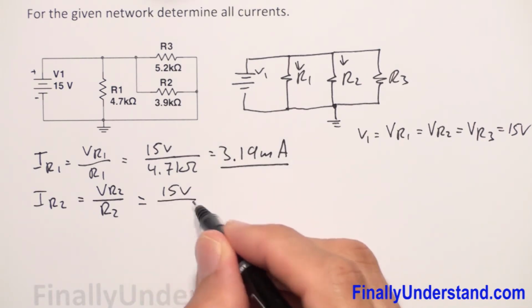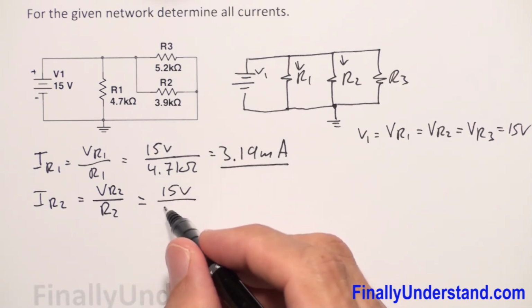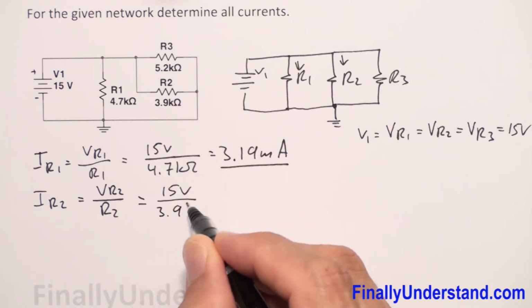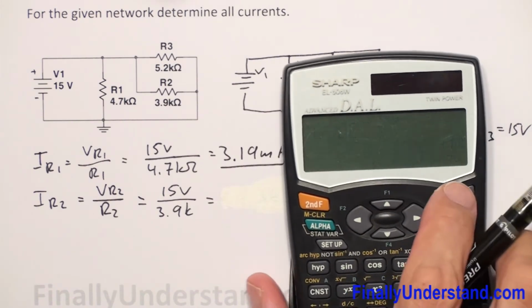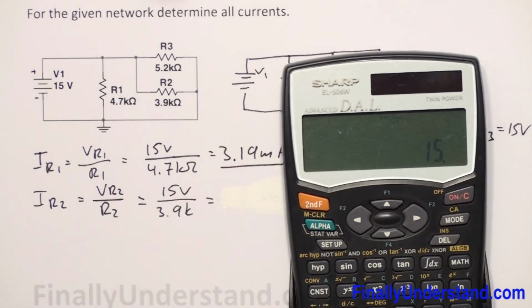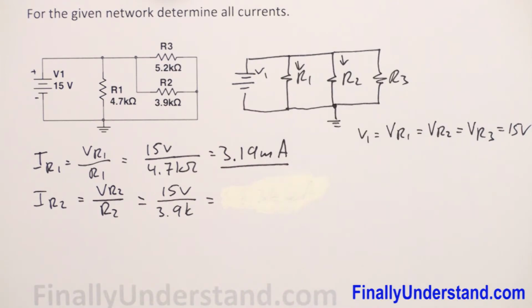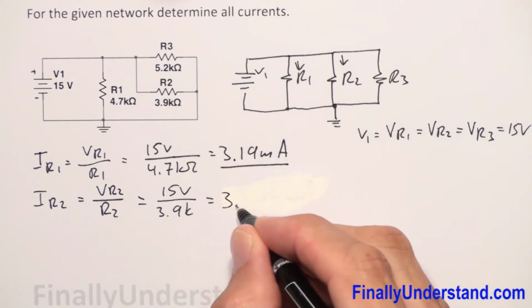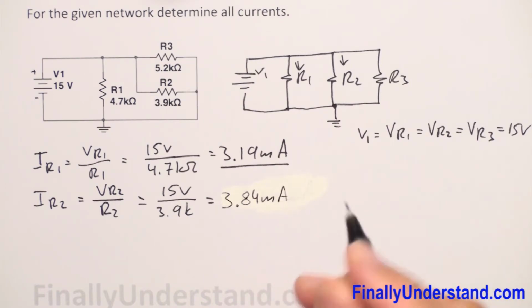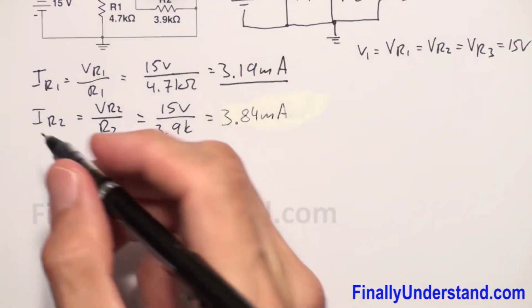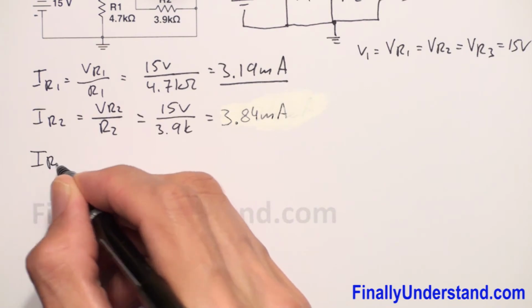So we have R2 equals 3.9K. Now I'm going to use the calculator, and we have 15 divided by 3.9 exponent 3. This is equal 3.84 milliamps.